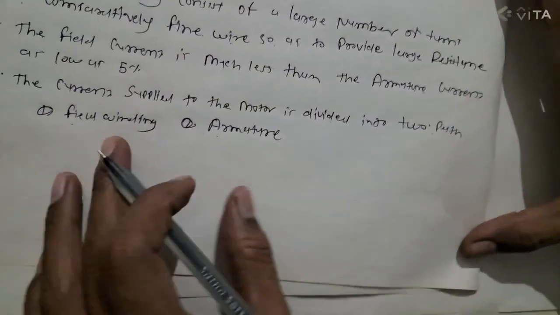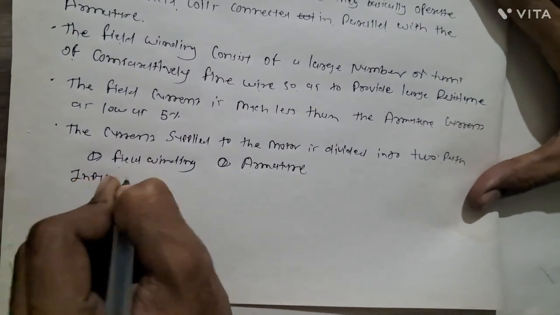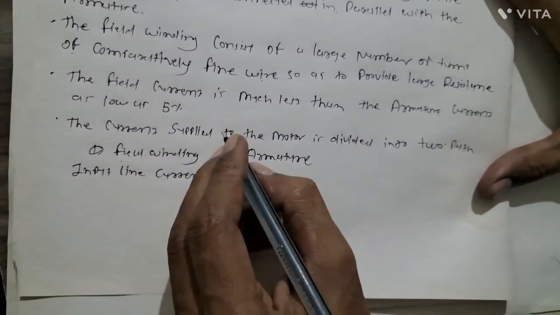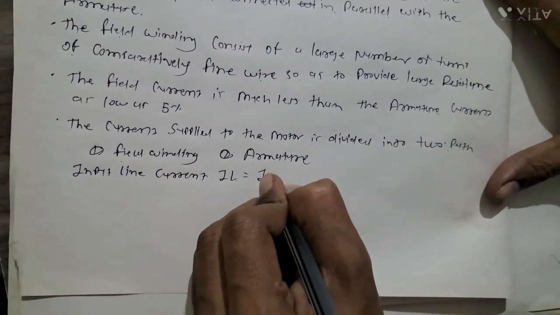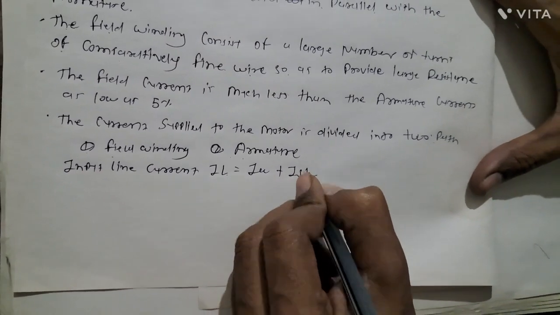So the input line current IL is equal to IA plus ISH.